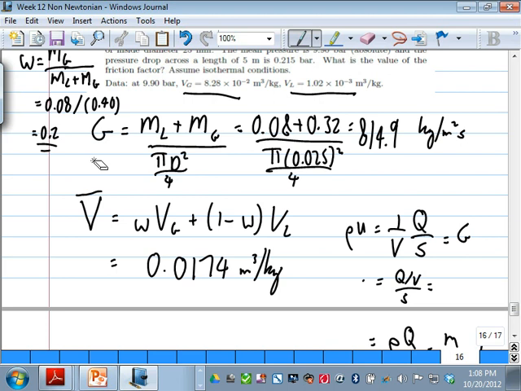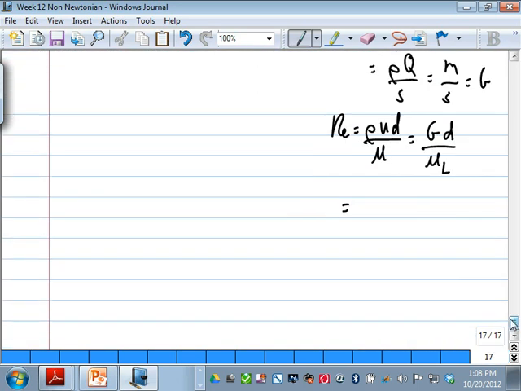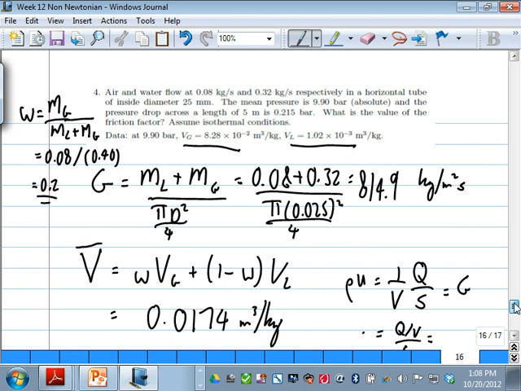M over S. So 814.9 times diameter 0.025 over 1.2 times 10 to the minus 3.